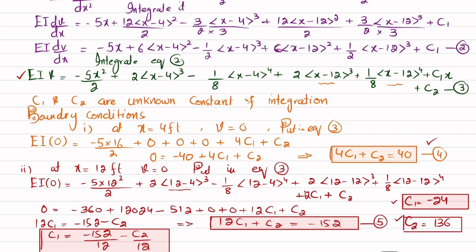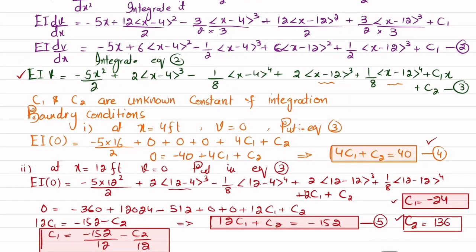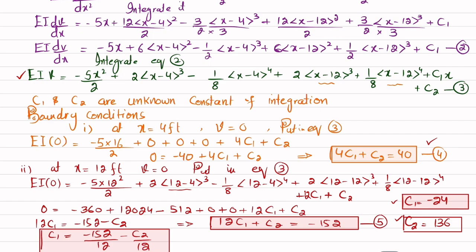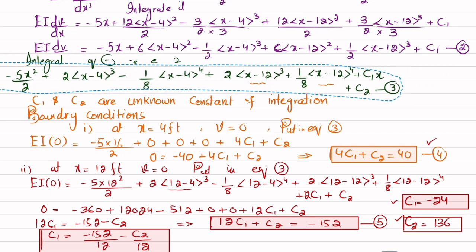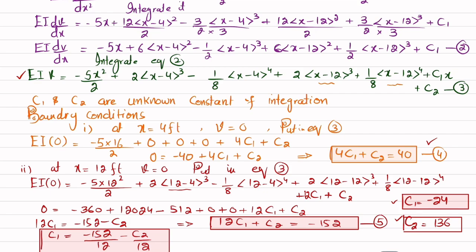So we have been asked to find the equation of the elastic curve. So this is the equation, equation number 3. So I will copy equation number 3 and we will move toward the next page. Let me copy it.